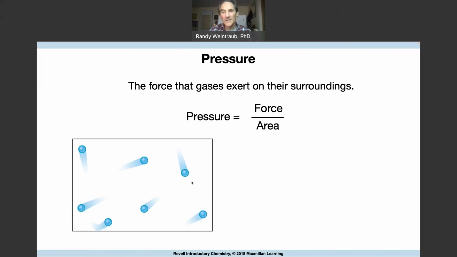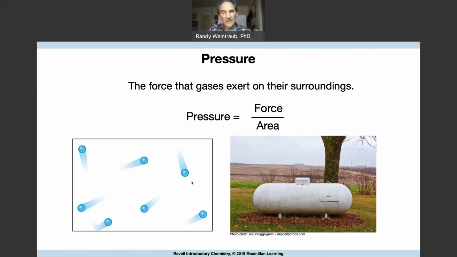Collectively, these tiny collisions create a larger push. This is the pressure of the container. With a container like this rural propane tank, the gas inside exerts a pressure that pushes outward on the walls of the tank. At the same time, air outside of the tank exerts pressure that pushes on the outside walls of the tank.